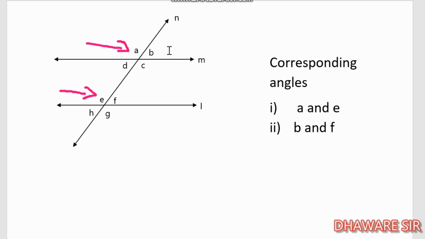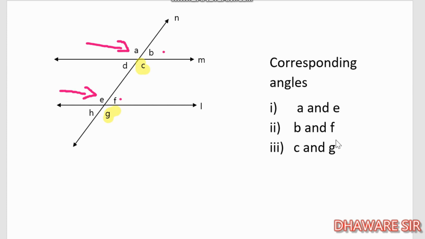This is the second corresponding angle pair, angle B and angle F. Now the third pair is angle C and angle G. So this is the third pair of the corresponding angles, angle C and angle G. We can highlight here.